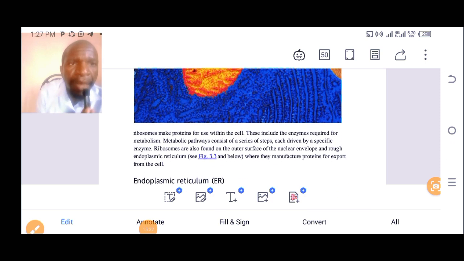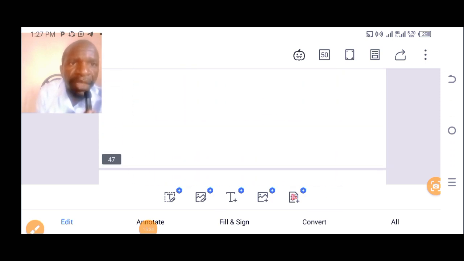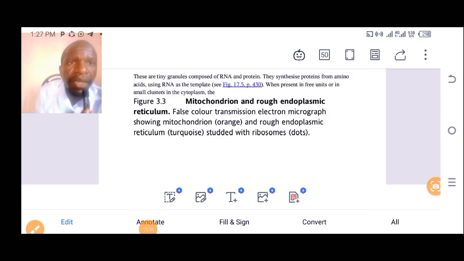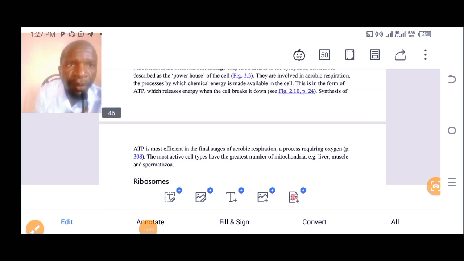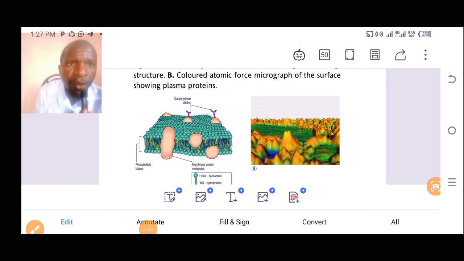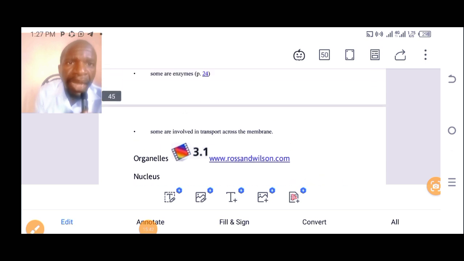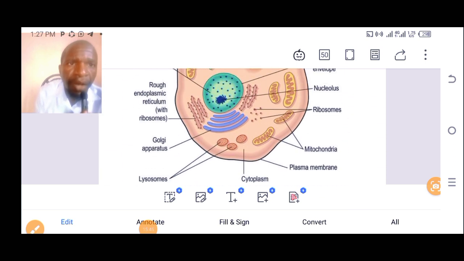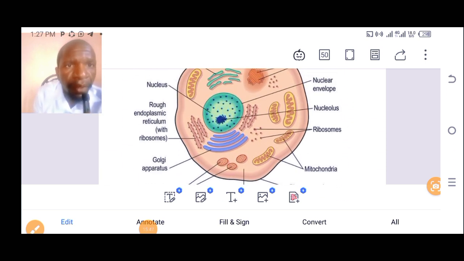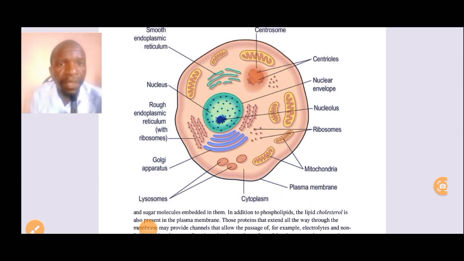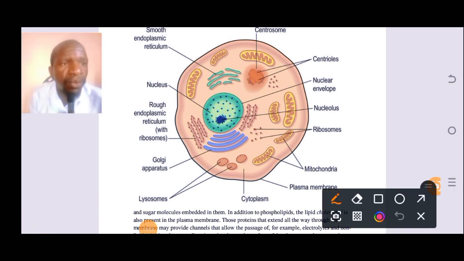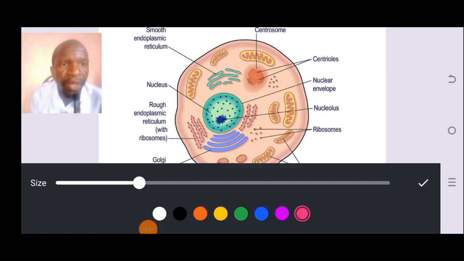ribosomes. The rough endoplasmic reticulum is called rough because it contains ribosomes that are lined or dotted around it. For example, just check here the rough endoplasmic reticulum. Let me use a marker to highlight for you to be able to see. You see here, right?